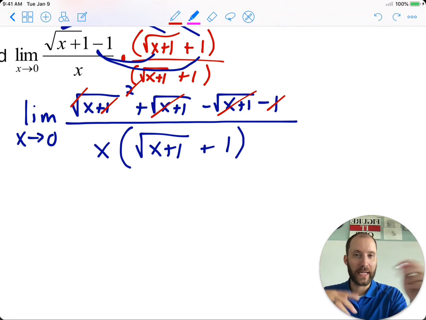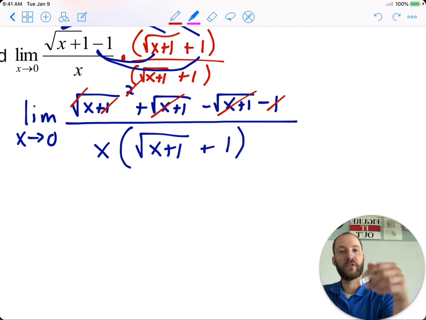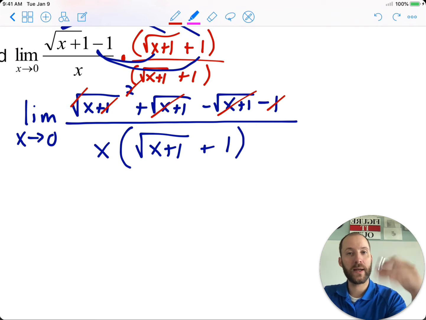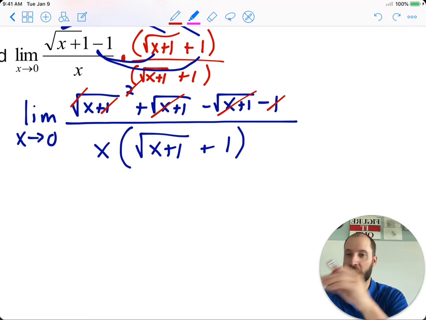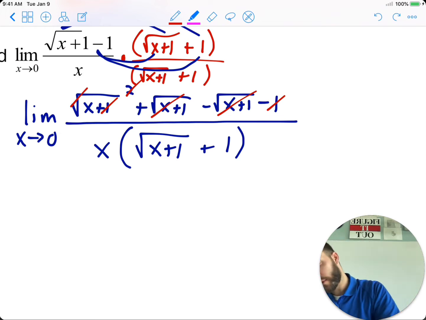Common factor in the top and bottom. More importantly, that's the problem factor from our original problem, the x in the denominator. You try to do direct substitution, plug in 0, doesn't work. But now, the x's cancel out.